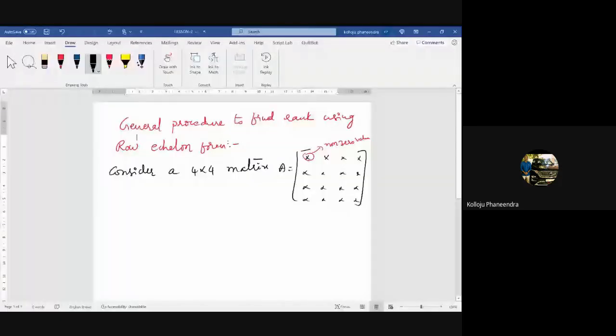Then to convert the matrix to echelon form, we have to use only row operations. Okay.